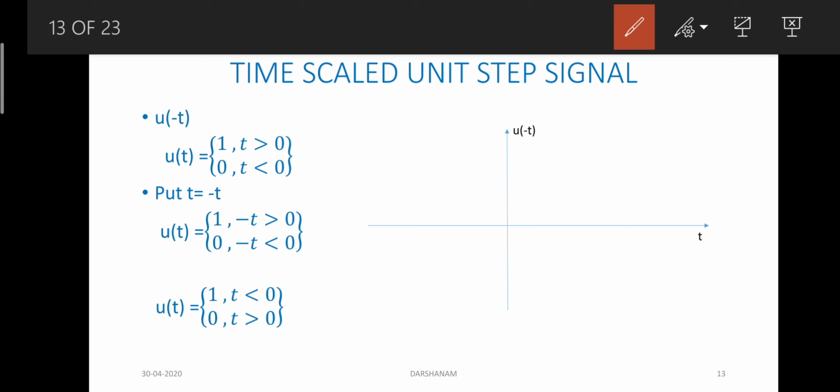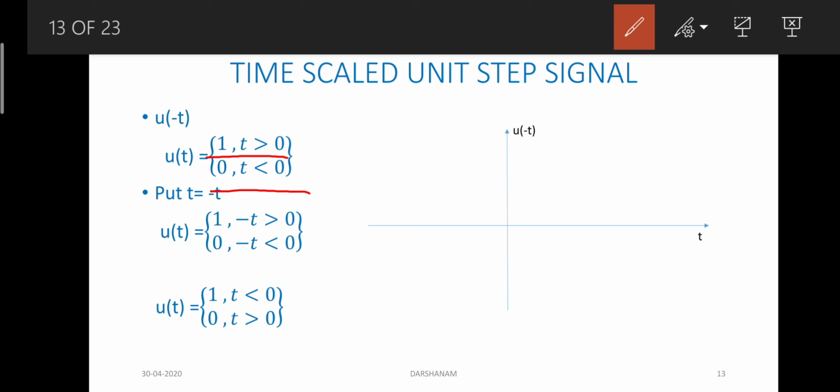So let's start with the equation of u of t, the same equation: u of t is equal to 1 for t greater than 0 and 0 for t less than 0. Putting t equal to minus t, we will get 1 for minus t greater than 0 and 0 for minus t less than 0.